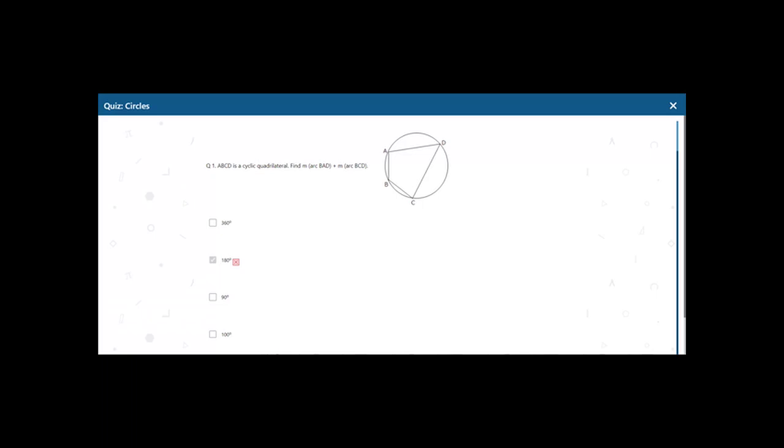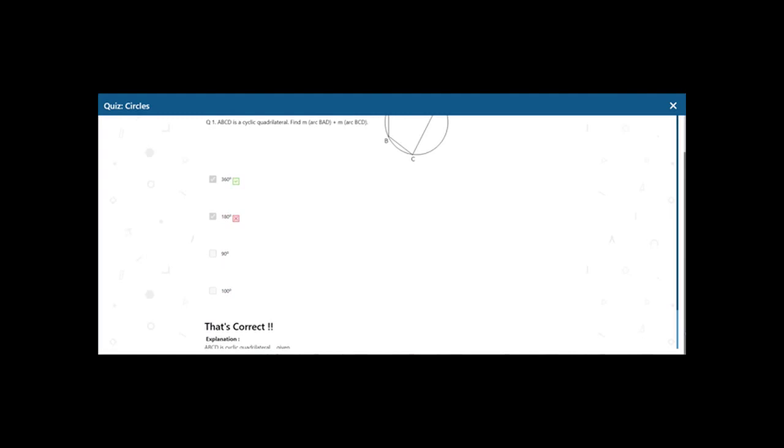What will be the central angle? 360, ma'am. 360. That's correct. So it is 360.